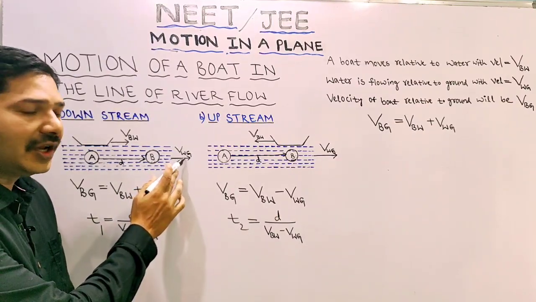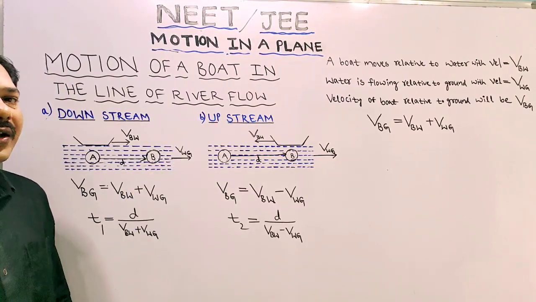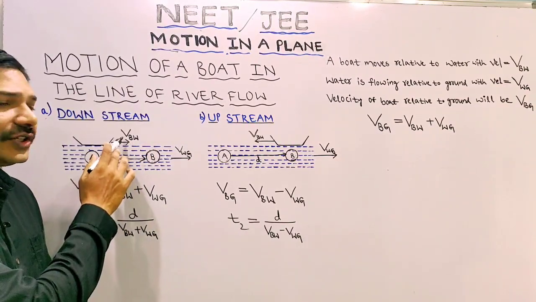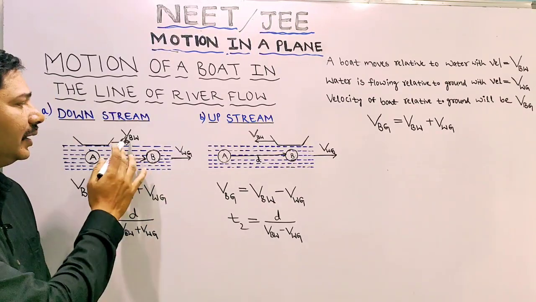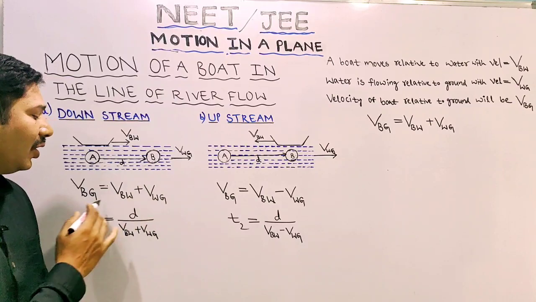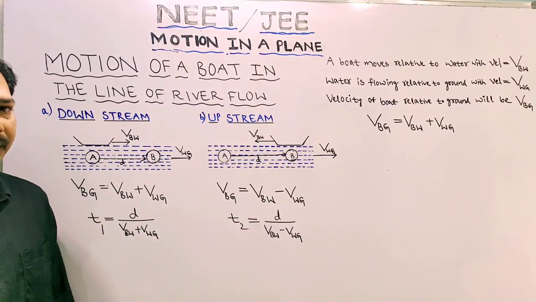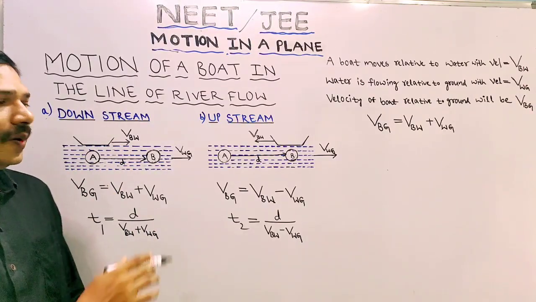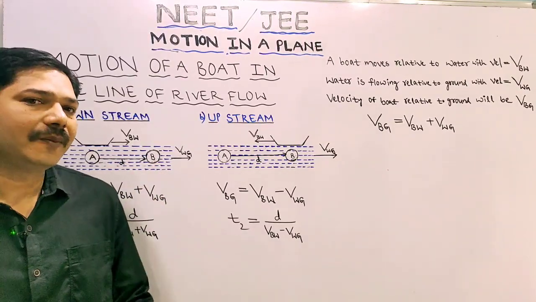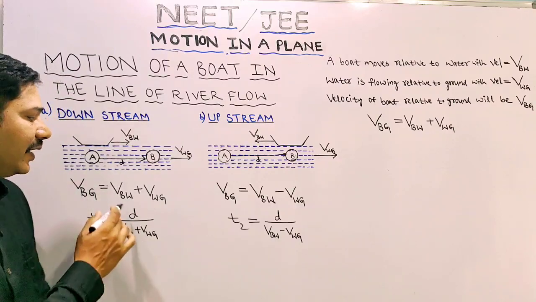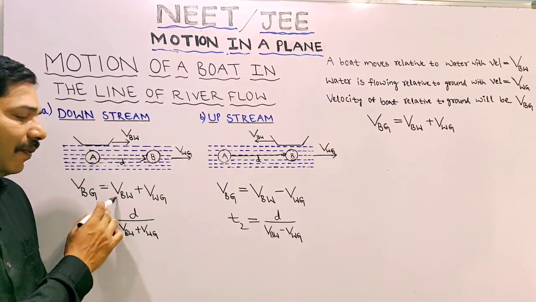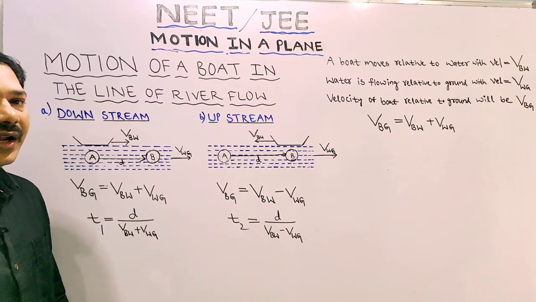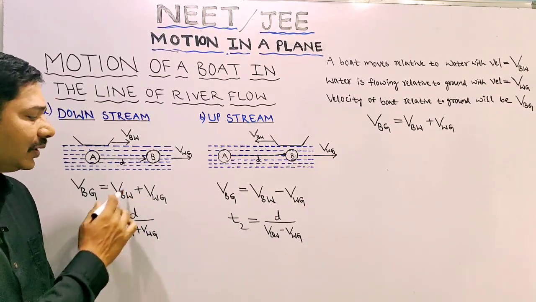The velocity of the boat with respect to the ground is VBG. In downstream, both the flow of water and the boat direction are the same, so I am taking addition: the boat velocity with respect to the water plus the water velocity with respect to the ground.